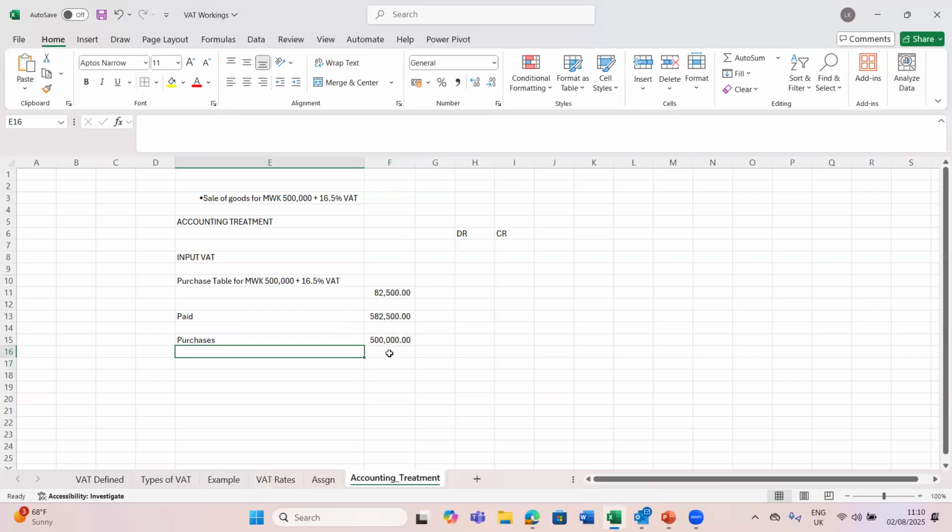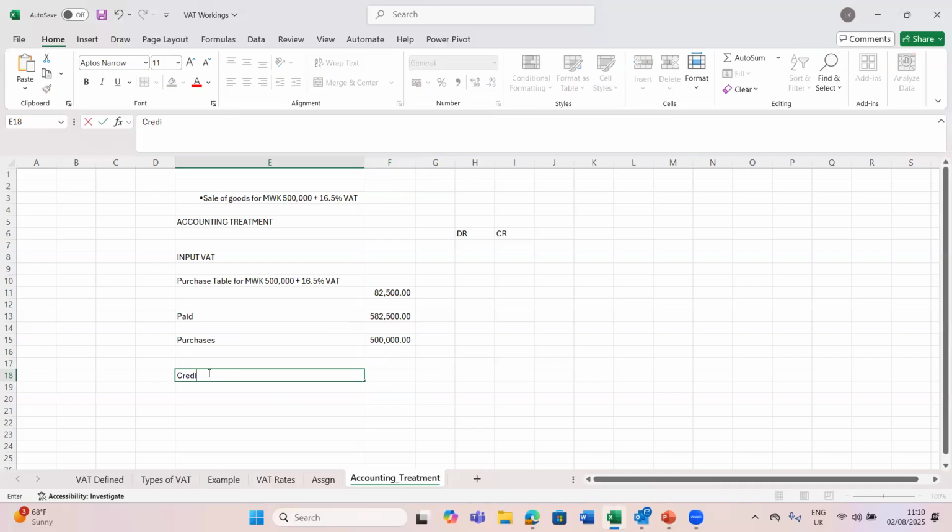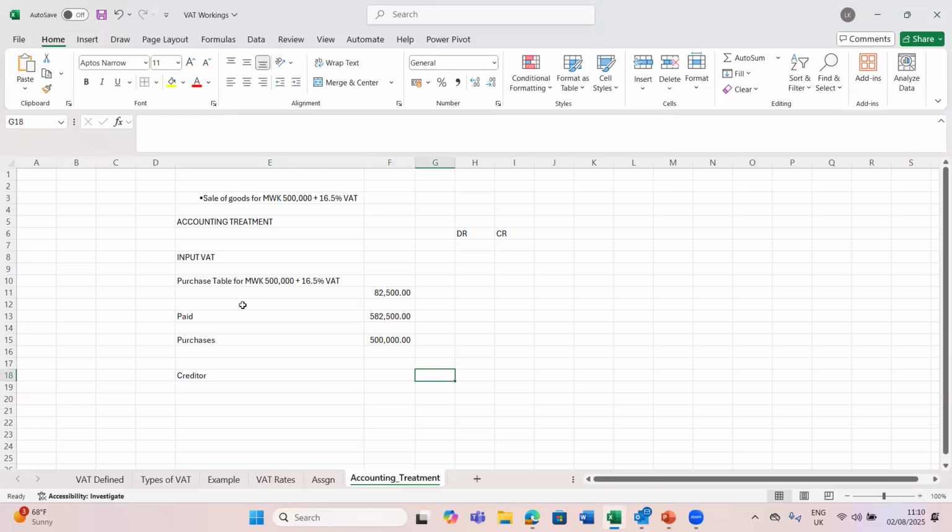Where will the other debit go? If you have a creditor, the assumption is we have bought this table on credit. So the creditor will be owed how much? 582,500. But where will the other debit go?